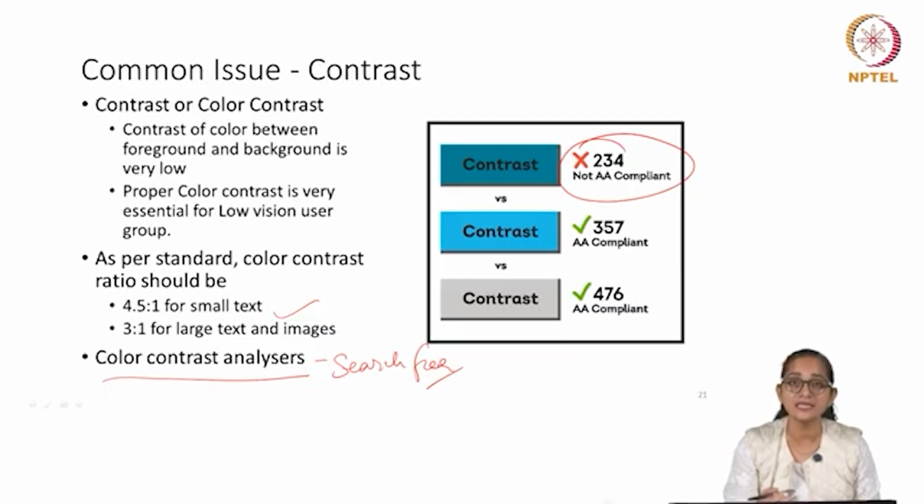In fact, there are several plugins now available for systems like WordPress or even Adobe Premiere, which is used widely for making websites, the front-end design part. Even Illustrator, I think, has an inbuilt color contrast analyzer. So, all of these plugins are already available.